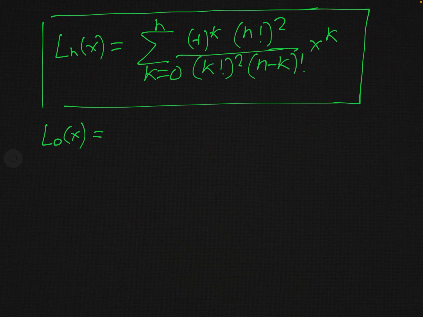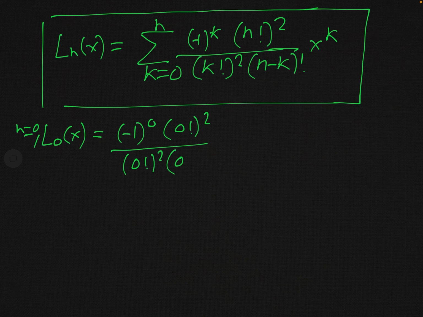So there will be only one term: minus 1 raised to the power 0, 0 factorial square over k factorial square, with k equal to 0, so 0 factorial square, n minus k factorial, which is 0 minus 0 factorial, and x raised to the power 0.